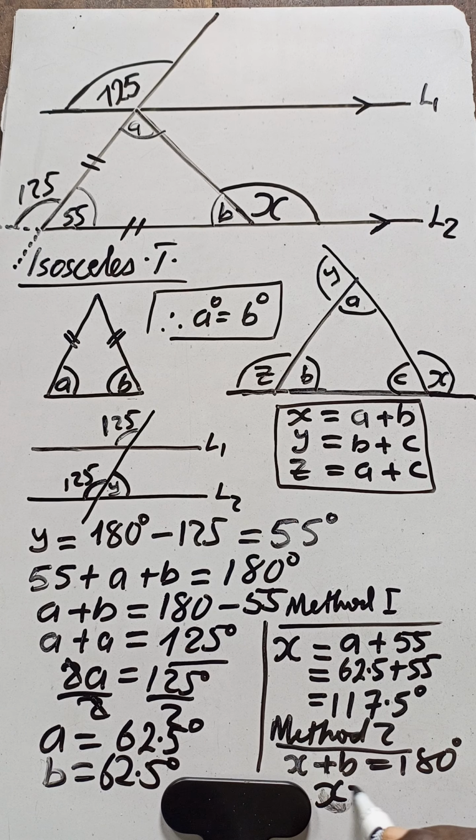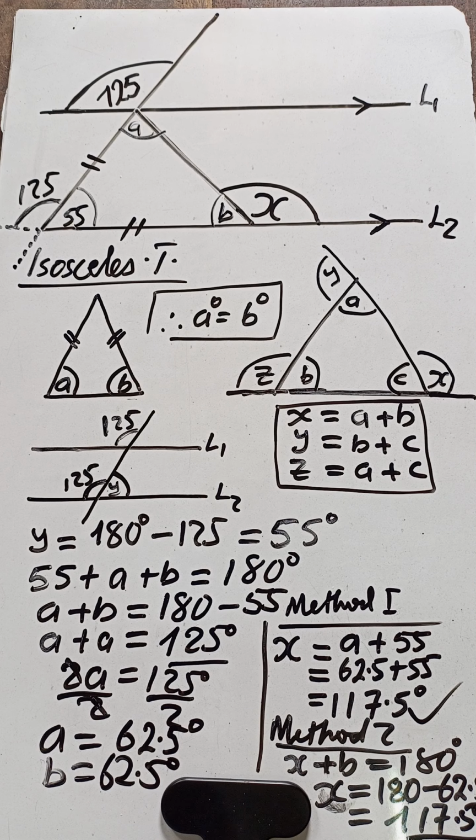Therefore, X will be equal to 180 degrees minus 62.5 degrees. And we see that the value again is 117.5 degrees. So whichever of the two methods, 1 and 2, we use, we arrive at the same result, 117.5 degrees for the value of angle X.